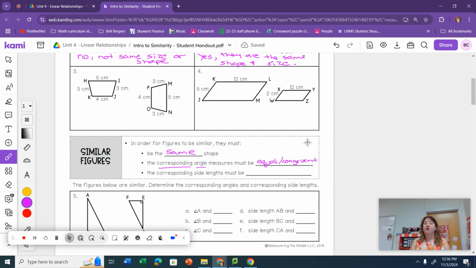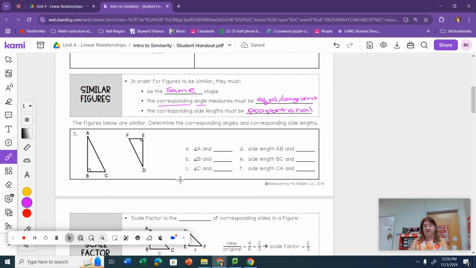Okay. And the corresponding side lengths must be proportional. Remember that word, proportional? We had to learn about that because now we're going to start using it in this unit. So it didn't go away. It's coming back.